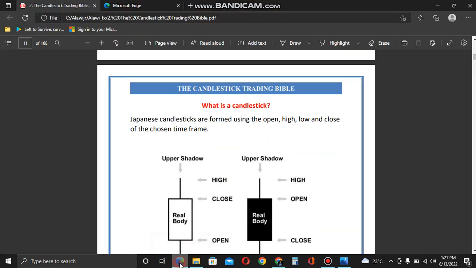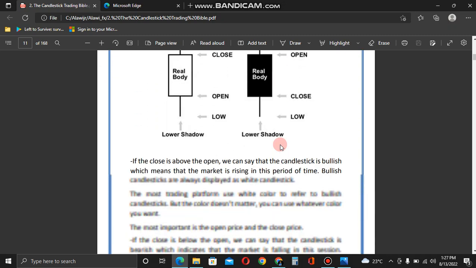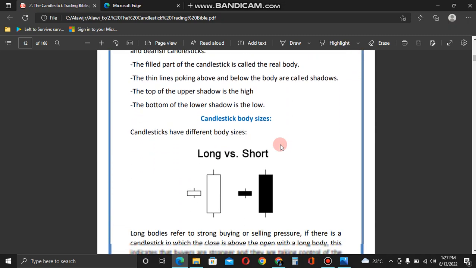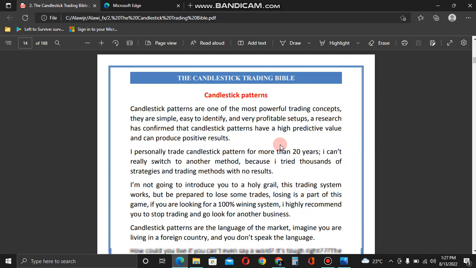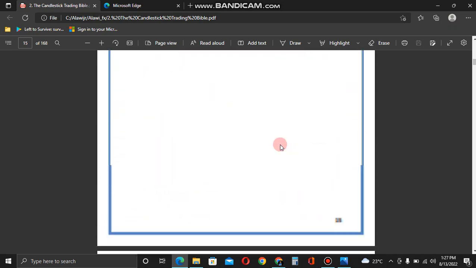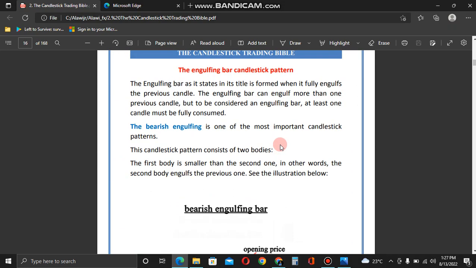So tutaanza na candle moja badala nyingine on our chart here. Tutasoma these candles in deep. So kuna the engulfing bar candlestick part. Engulfing ziko za aina mbili, kuna bullish engulfing na bearish engulfing.